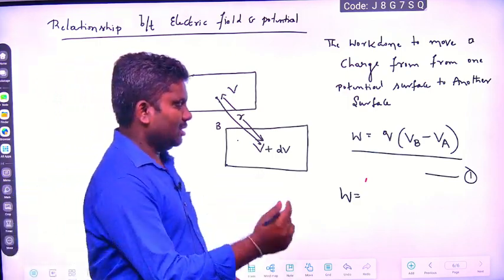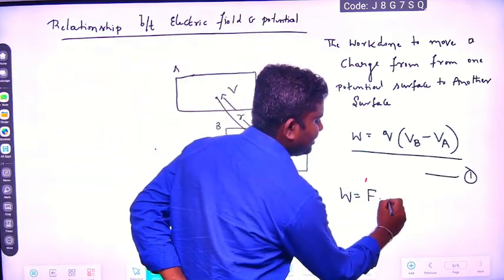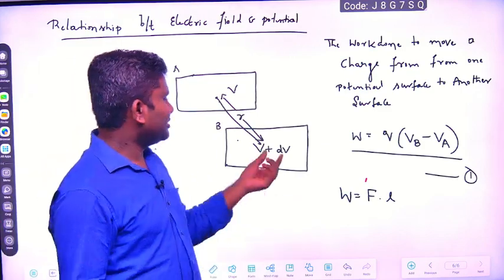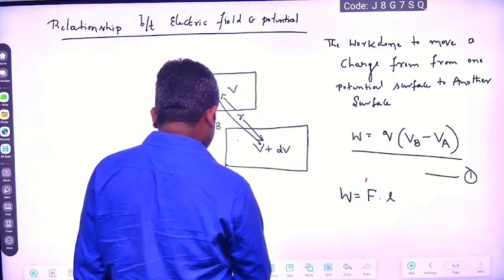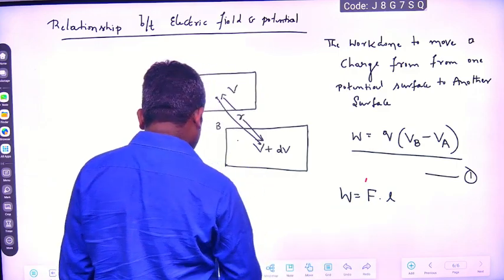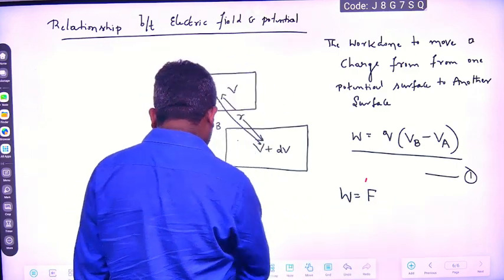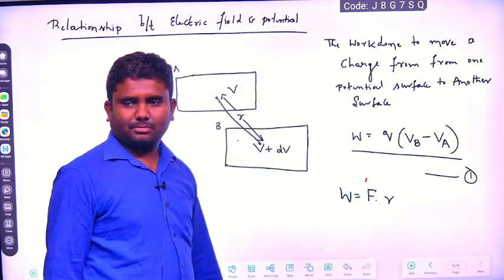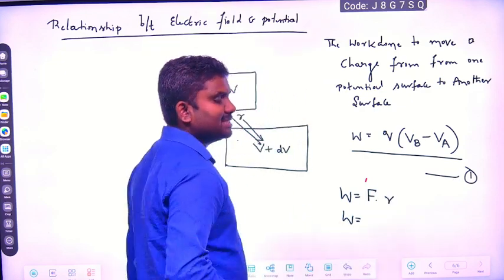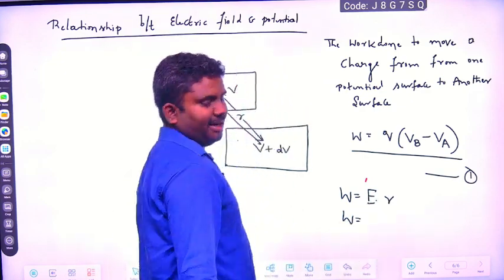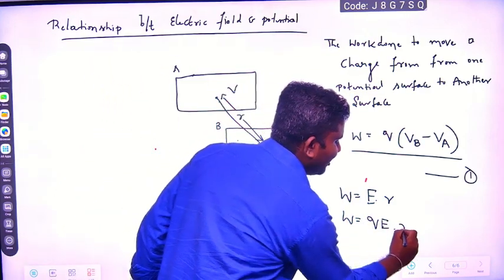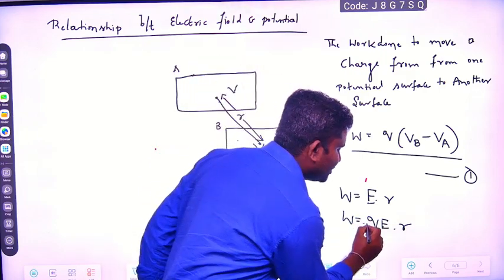Work done is force into displacement, F dot R, where I take displacement as R. Force in terms of field is F is equals to QE dot R, but the direction is opposite to the electric field, that's why it is negative.